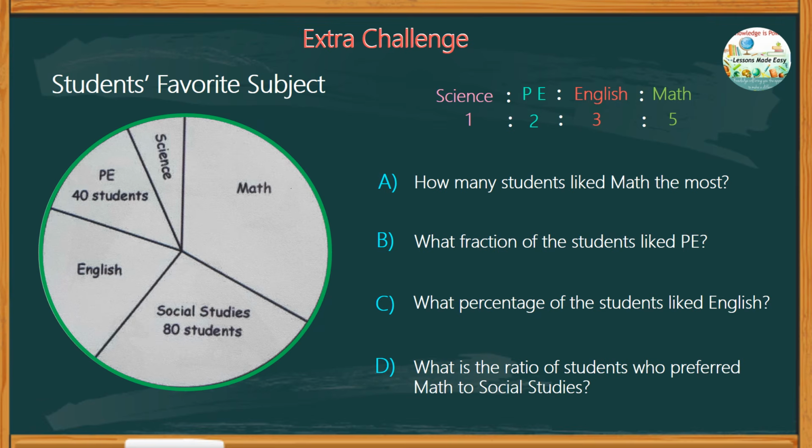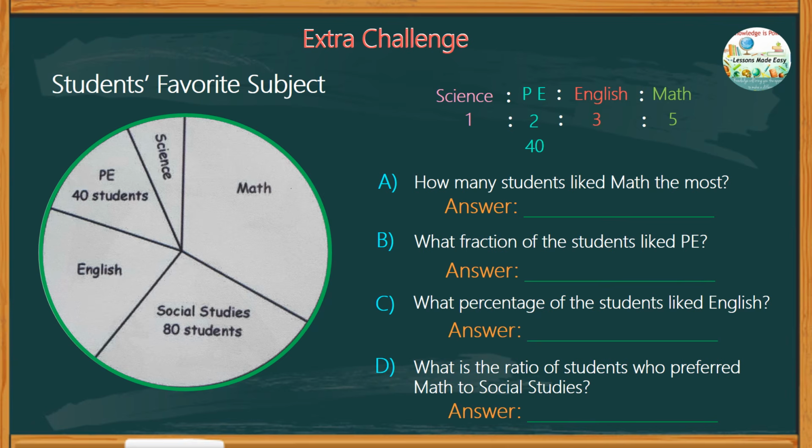To help us answer each question, it is best to find out the number of students for each subject, as well as the total number of students in this surveyed group. The pie graph shows 40 students for PE that comprise 2 units from the given ratio.